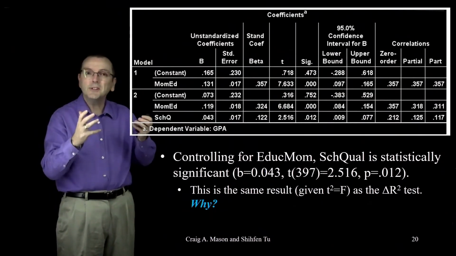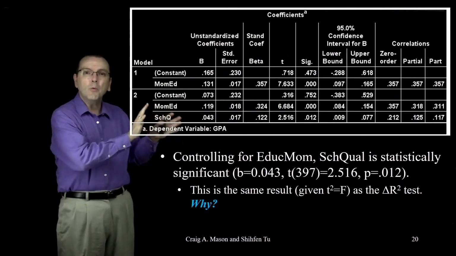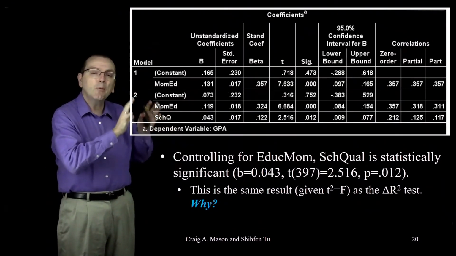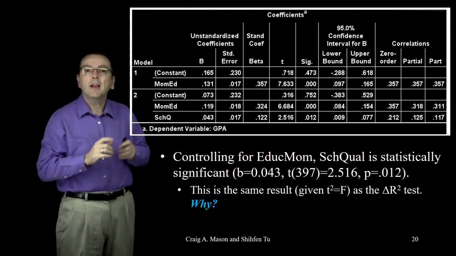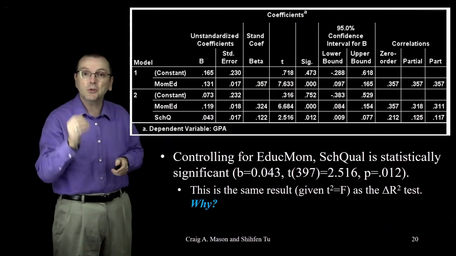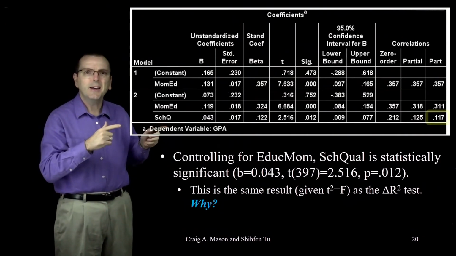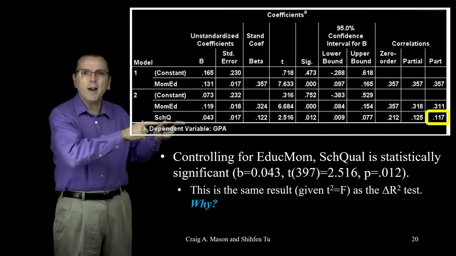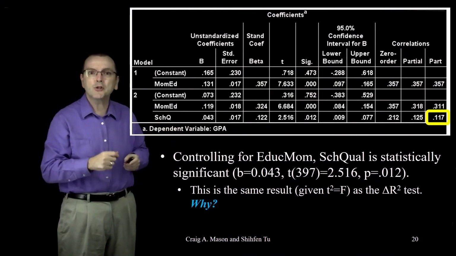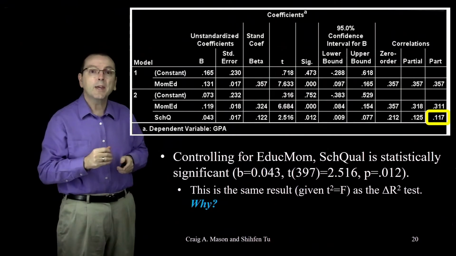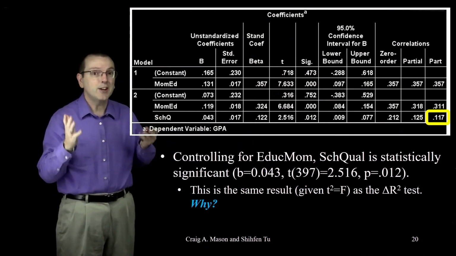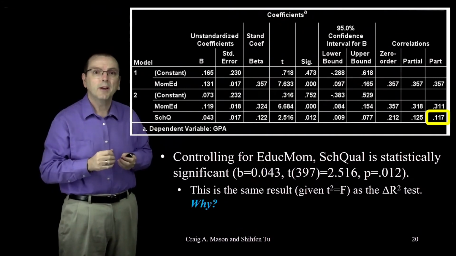You can also see one other equivalence here, and that's that in the step in which a variable is added, the squared semi-partial equals the change in R-squared. See, we added school quality, and if we square that semi-partial of 0.117, we get 0.014, which is the change in R-squared in Model 2.